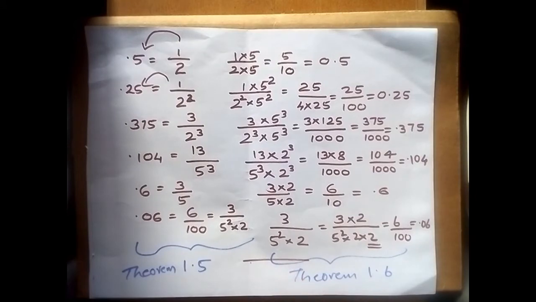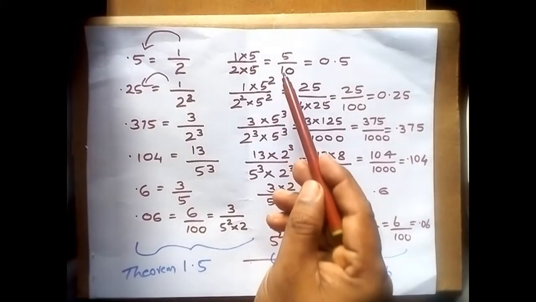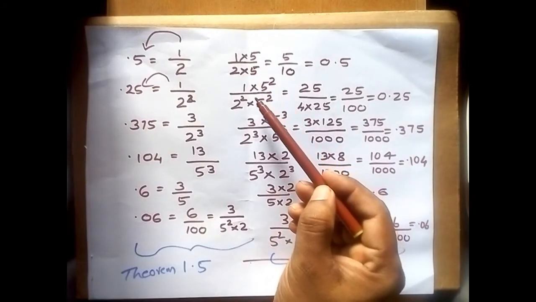Let x = p by q be a rational number such that the prime factorization of q is of the form 2 raised to n into 5 raised to m, where n and m are non-negative integers. Then x has a decimal expansion which terminates. Yes, that is what we have proved here.